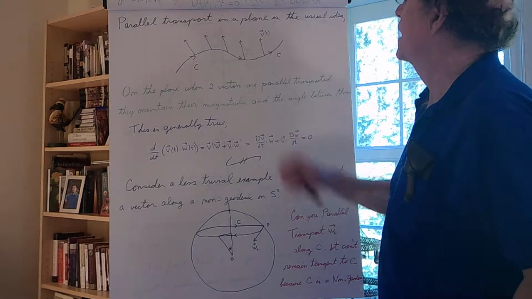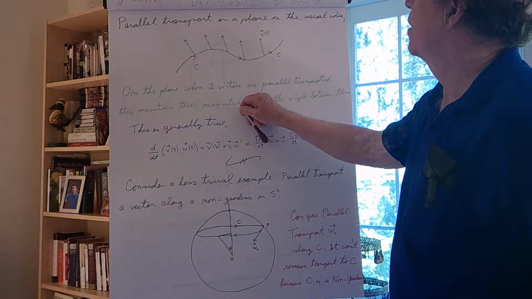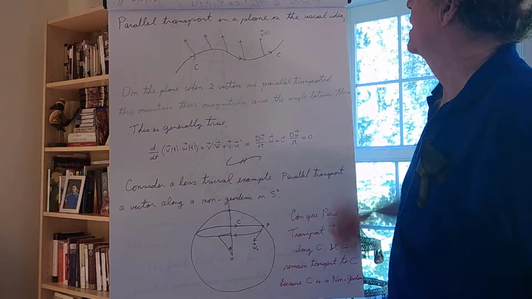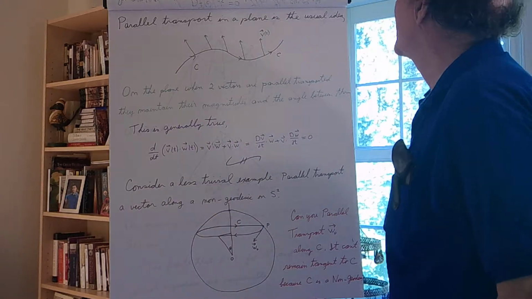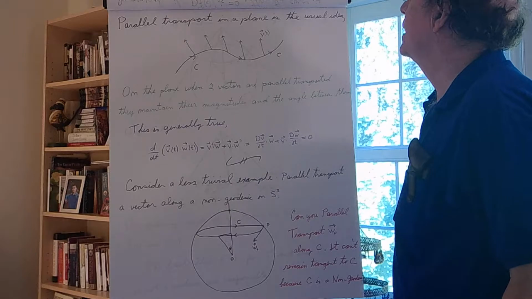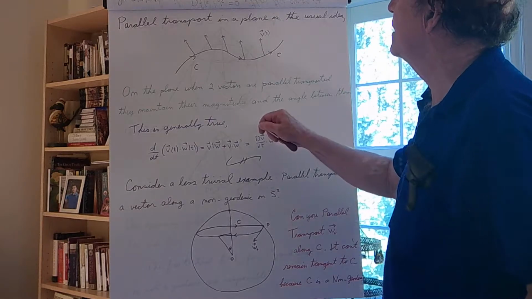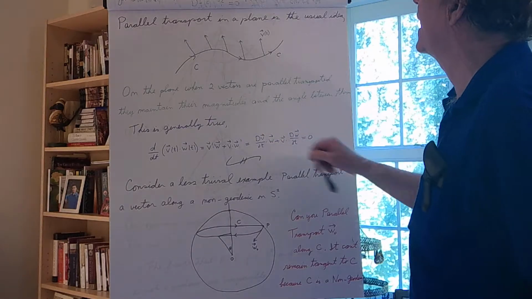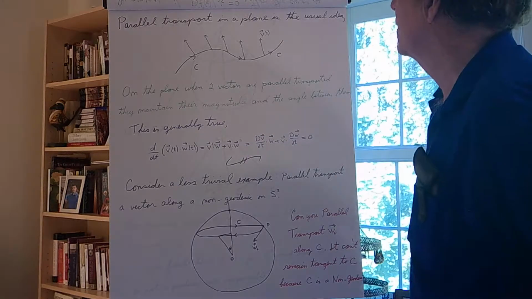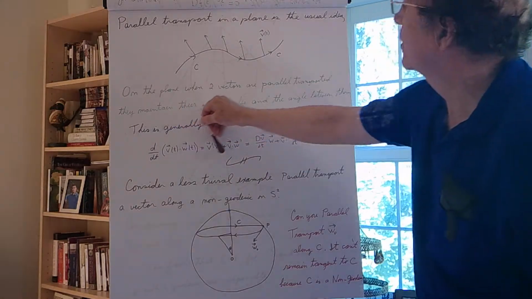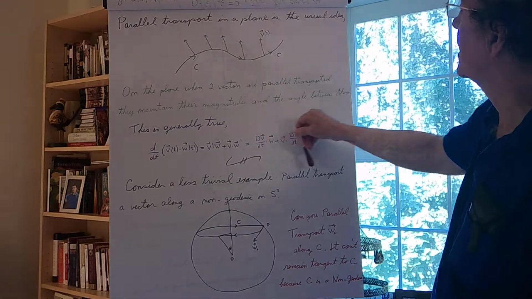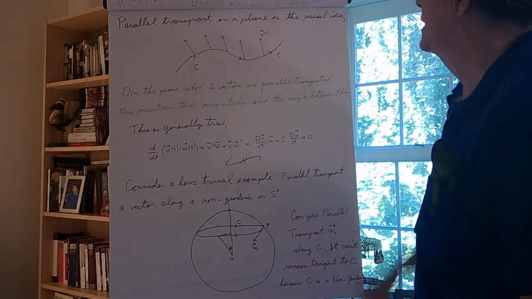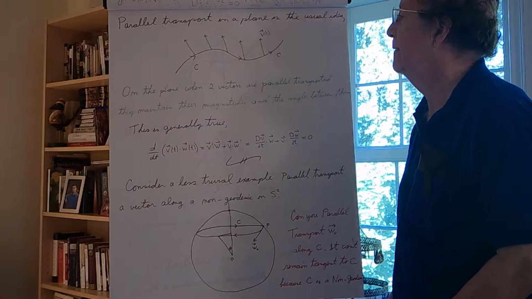And so this might be along the y-axis, and so it maintains the direction toward the y-axis, even though c is curving around like that. So that fellow is parallel transported around. Here I'm just parallel transporting my pointer here, and it's that simple concept on a plane.